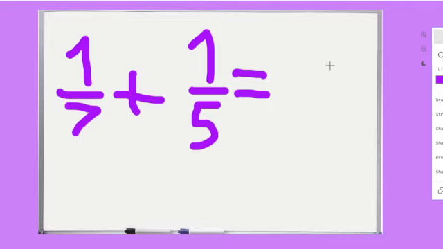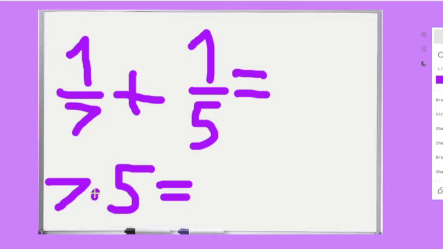So it's going to be 1 out of 7 plus 1 out of 5. So basically, how it works, you do 7 times 5 equals 35.